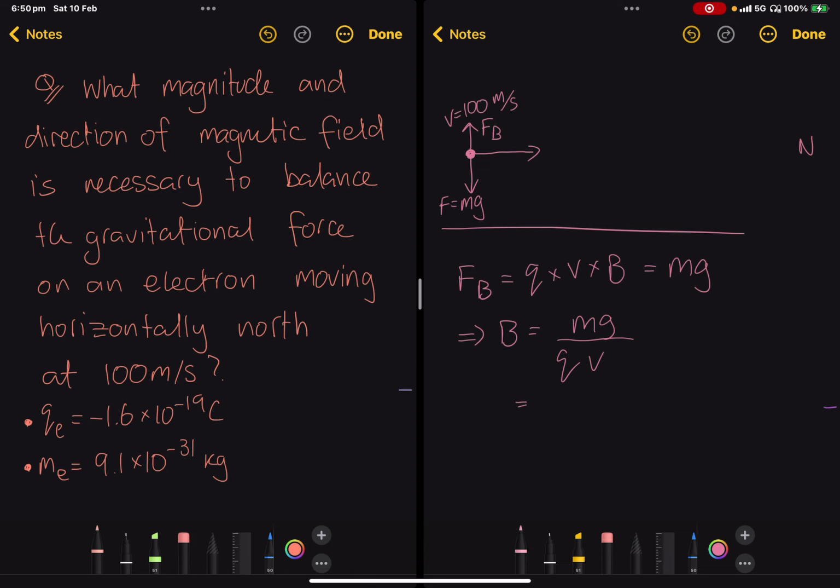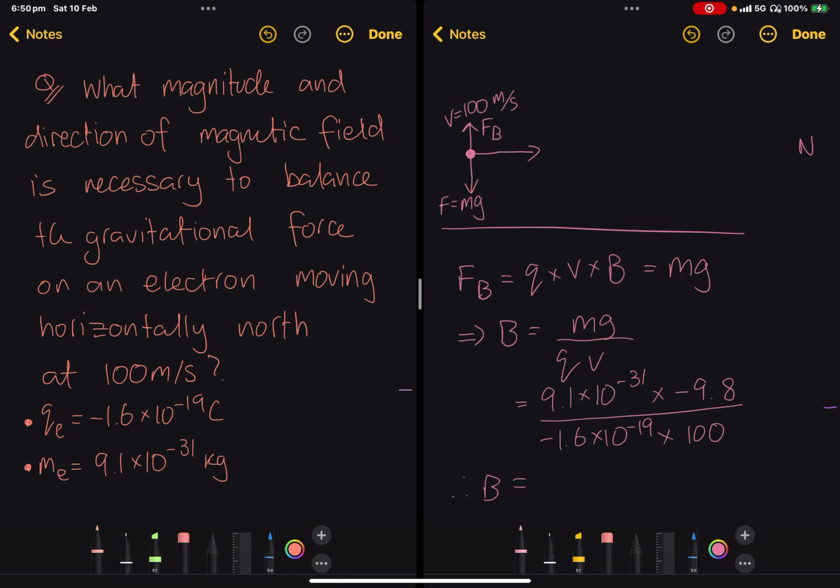Now the mass of an electron is 9.1 times 10 to the minus 31 multiplied by g. We're going to say that's minus 9.8, divided by the charge of the electron, which is minus 1.6 times 10 to the minus 19, times the velocity, which is 100.